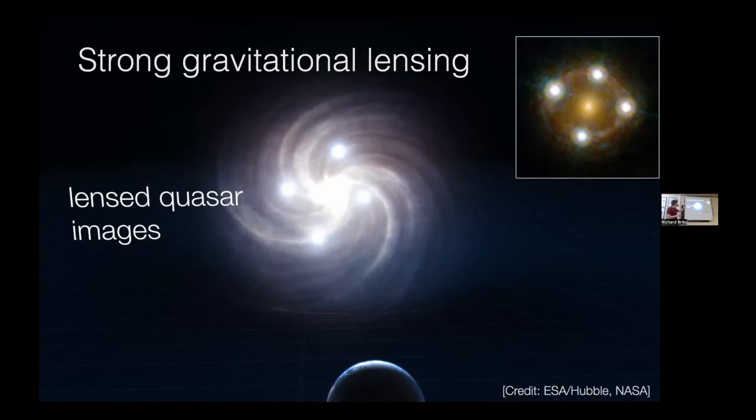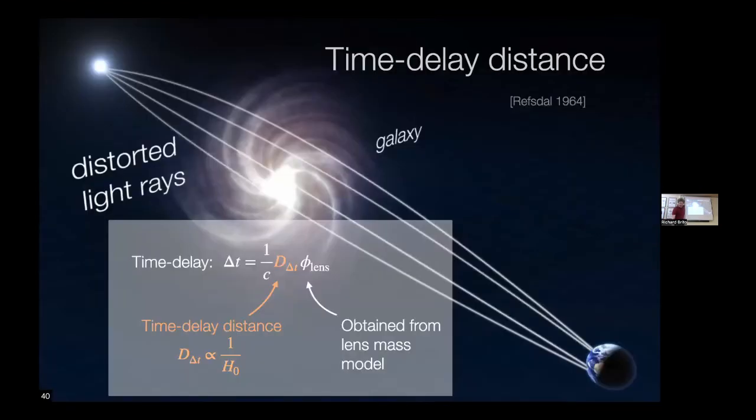And that's why for measuring the time delays, you need something like a quasar, as is shown here, or a supernova. The time delays are important because with the time delays that you can measure, you can calculate a quantity called the time delay distance.